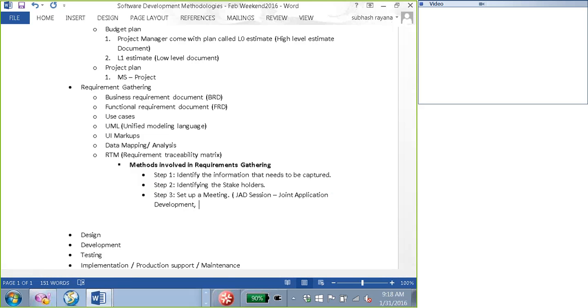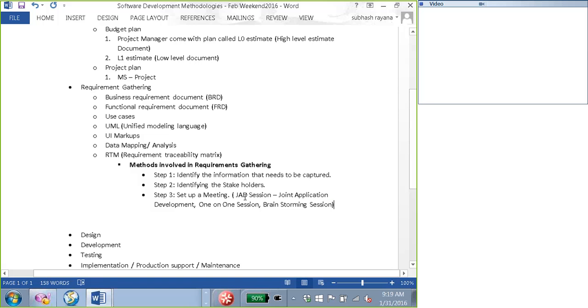Then you may also have a one-on-one session, one-on-one session or meeting, or have a brainstorming session. So these are the different types of sessions or meetings that you may set up.